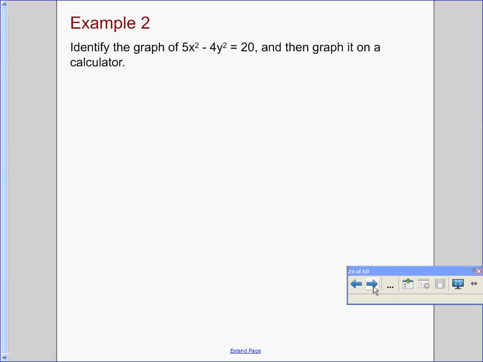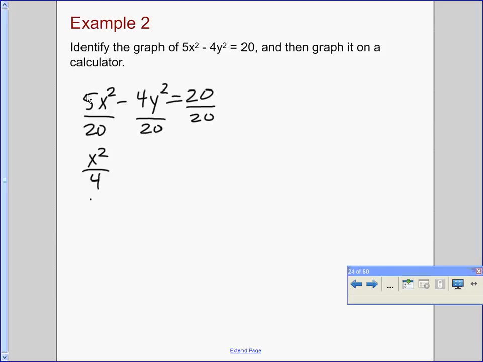And in example 2, identify the graph of 5x squared minus 4y squared equals 20, and then graph it on a calculator. So let's start by just working on that equation a little bit. You notice it does have an x squared and a y squared, so it's likely a conic section. We're going to divide everything by 20. And when I do, I get x squared over 4 minus y squared over 5 equal to 1.